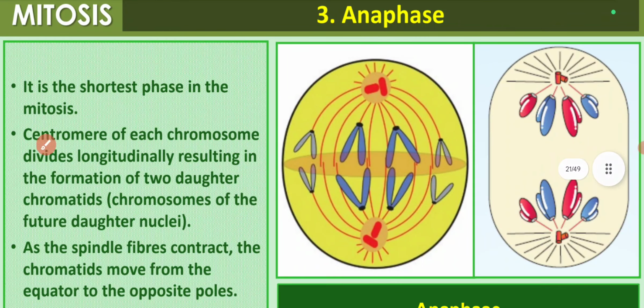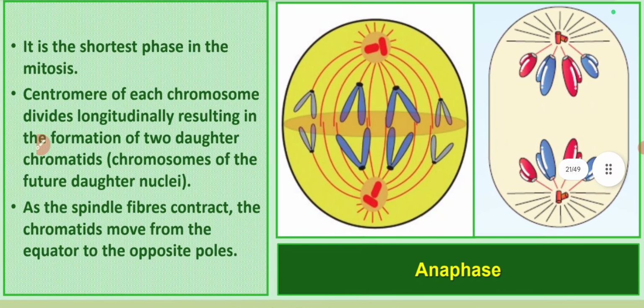Next phase is your anaphase. What is anaphase? It is the shortest phase in mitosis. The centromere of each chromosome divides longitudinally, resulting in the formation of 2 daughter chromatids or chromosomes with the future daughter nuclei. As the spindle fibers contract, the chromatids move from the equator to the opposite poles.